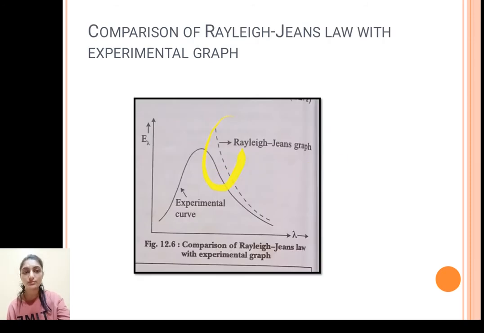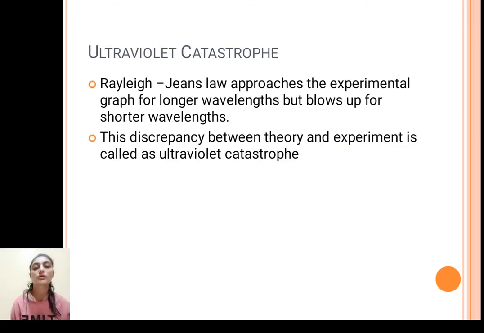So at the longer wavelength region it matches with the experimental curve, but at the lower wavelength side it is not matching, it blows up. So Wien's law was applicable only for shorter wavelengths. This Rayleigh-Jeans law is applicable only for longer wavelengths, and for shorter wavelengths it blows up. This discrepancy between the theory and experimental observations is called the ultraviolet catastrophe.